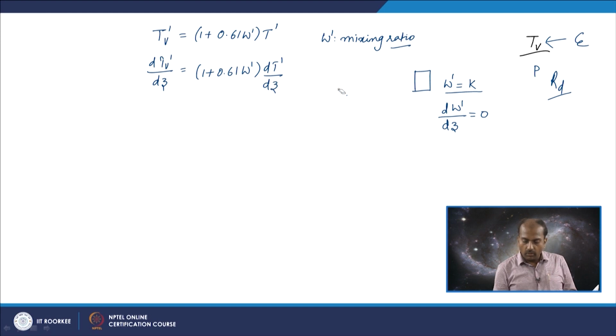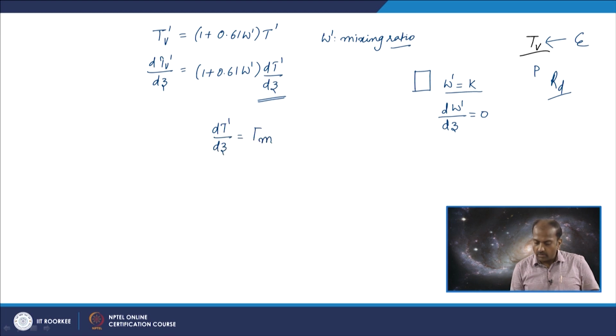So, this term is not relevant for us when we write it, right. So, the rate at which the temperature changes inside the parcel is 0.61 times W prime into dT by dz, right. So, this is the temperature change. If there is moisture inside the air parcel, we know that dT prime by dz, the rate at which temperature changes inside the air parcel, is gamma m. What is gamma m? Gamma m is the moist adiabatic lapse rate, right.